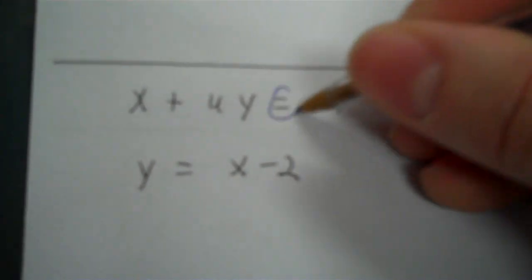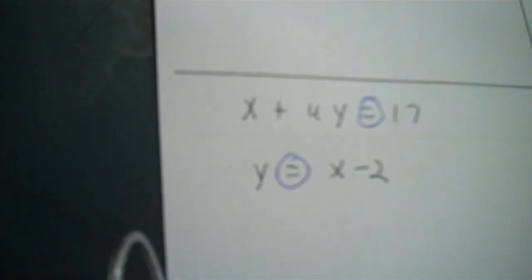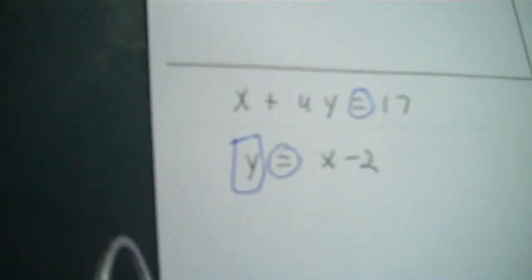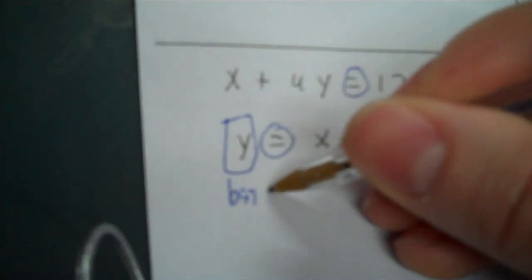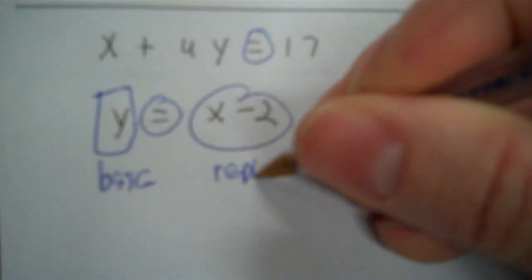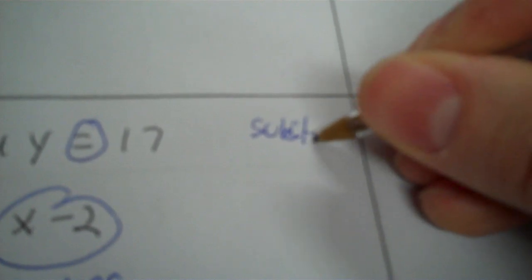Okay, next problem, we have x plus 4y equals 17, so there's no letter by itself there. The x is not by itself, it has a 4y added to it. Now over here, looks like you got the y by itself. Okay, so that's your base, and that's your replace. So that results in me applying the substitution method.